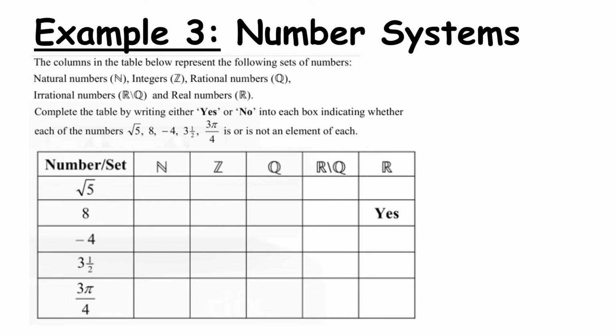So our final example here for number systems is we are given 5 numbers and we're being asked to categorize the N, the Z, the Q, R less Q, and R. So for each of these, N being natural, Z being integer, Q being rational, R less Q being irrational, and R being real, we need to figure out whether it's yes or no for each of those.